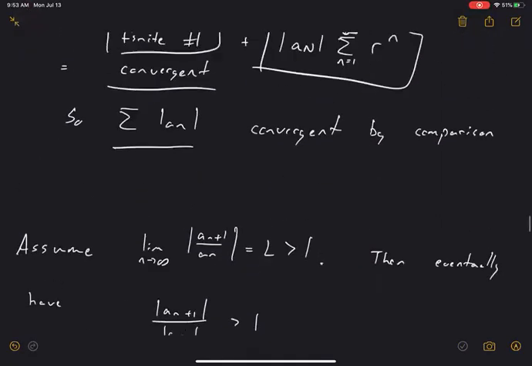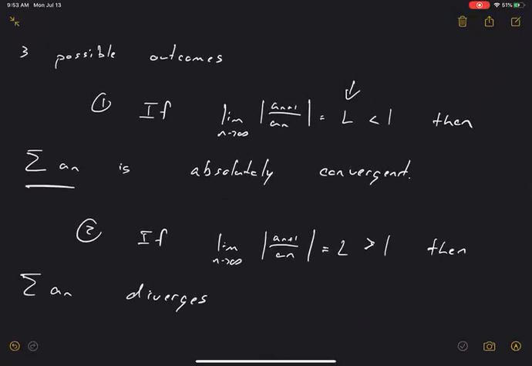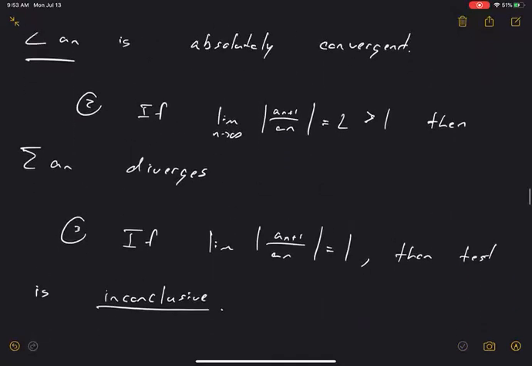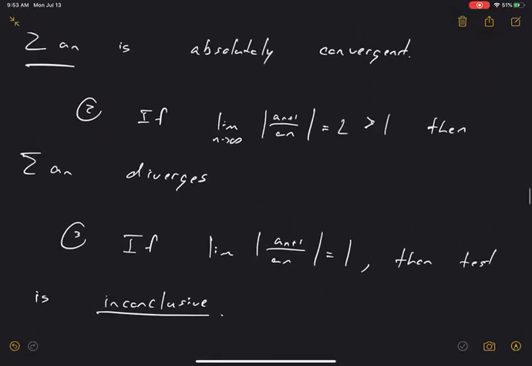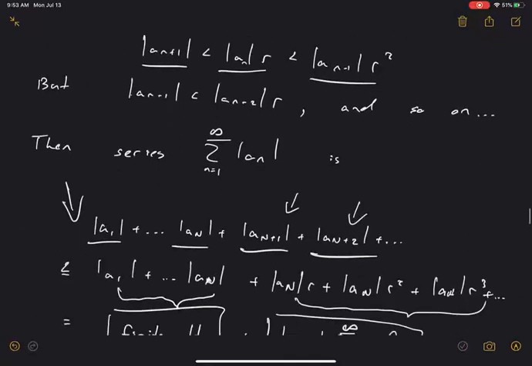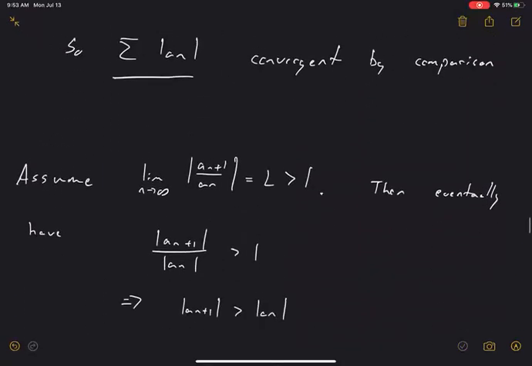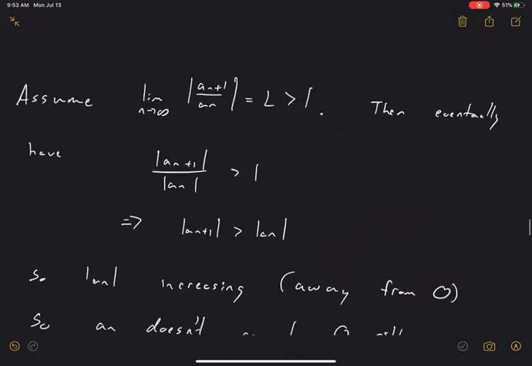So that just shows the first point of the ratio test. If that limit's less than 1, then the series is absolutely convergent. If the limit of that ratio is greater than 1, then the series is going to be divergent. And really that's just going to be by comparison test. So let's assume the limit's greater than 1. Then eventually all these ratios are greater than 1.